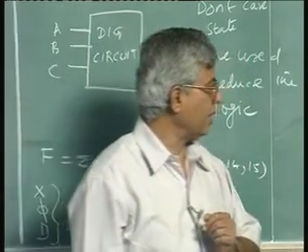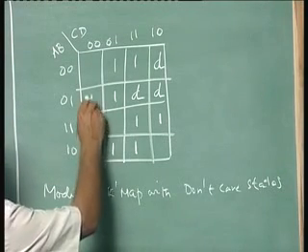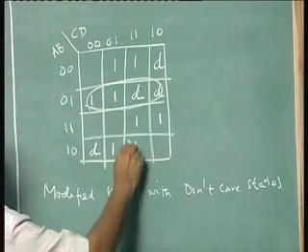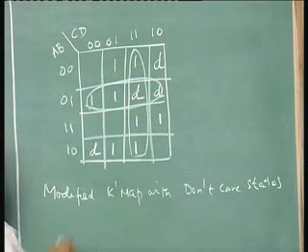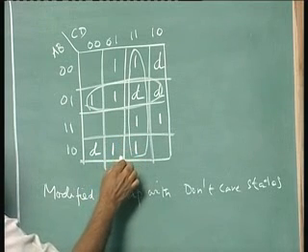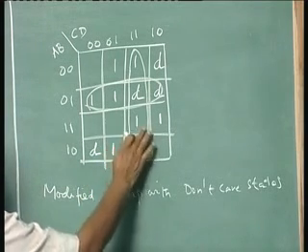Okay, if that is the case, then how do I simplify? Now I will have more options. I would probably do this as 1, 2, is that right? Or need not even have it.